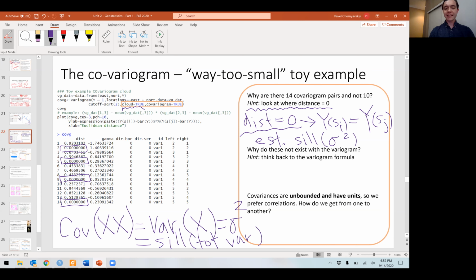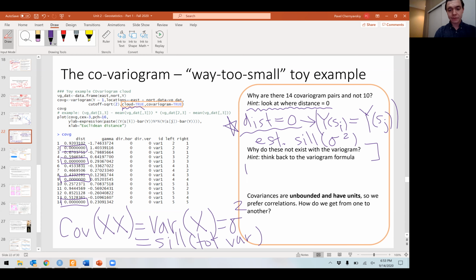So why did these not exist inside of the variogram? Well, if we're looking at the case where the distance is equal to 0, this is due to the fact that we're using a real distance. That's one of the axioms of a distance metric. If the distance is 0, you're looking at exactly the same location.